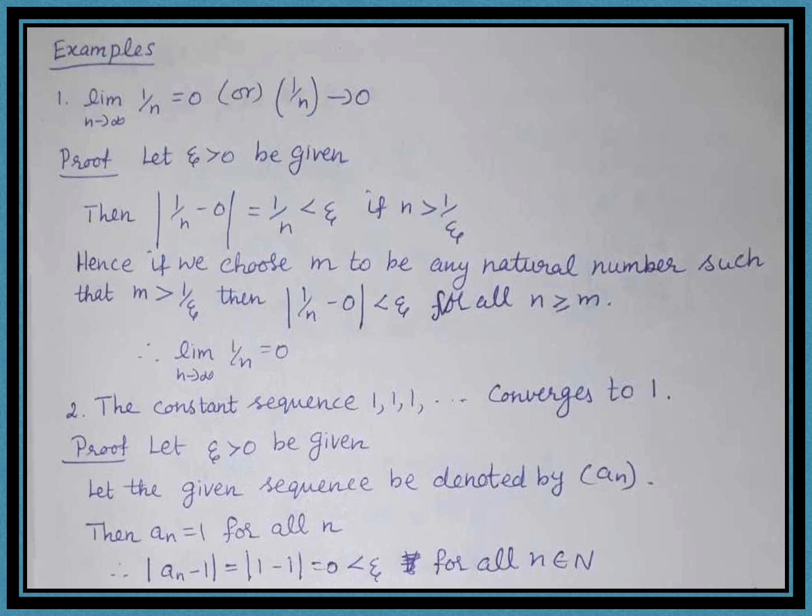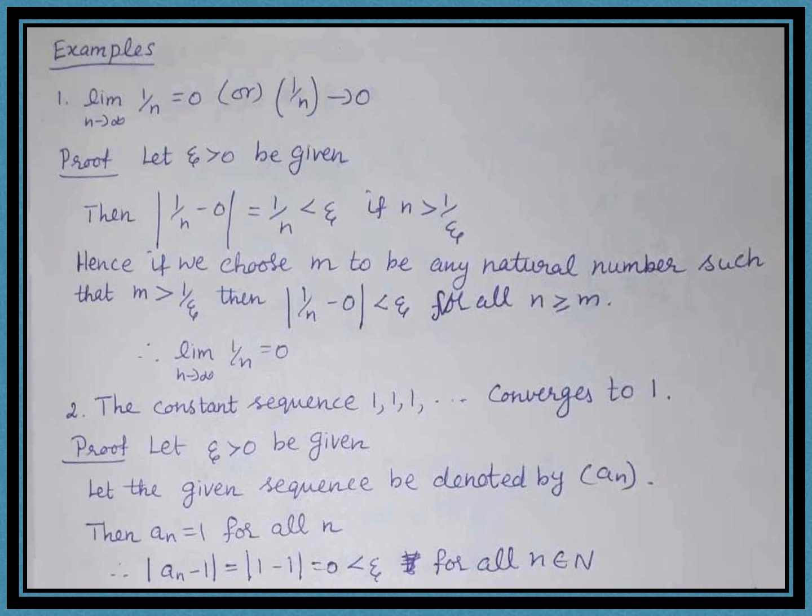This value will be less than epsilon if the n value is greater than 1 by epsilon. That means for all positive integers whose value is greater than 1 by epsilon, the condition absolute value of 1 by n minus 0 less than epsilon holds.